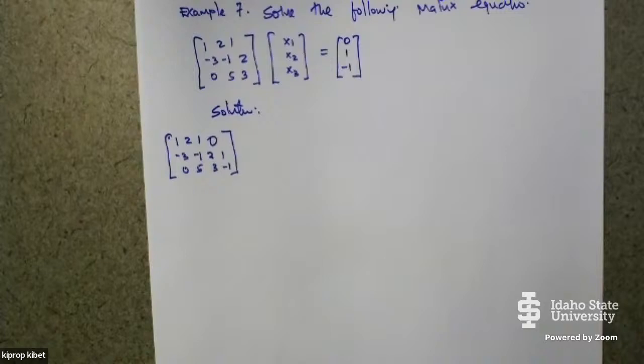To reduce this, we want to see whether it is consistent. For it to be consistent, the last row should not be contradictory. If it is not consistent, the solution is undefined.